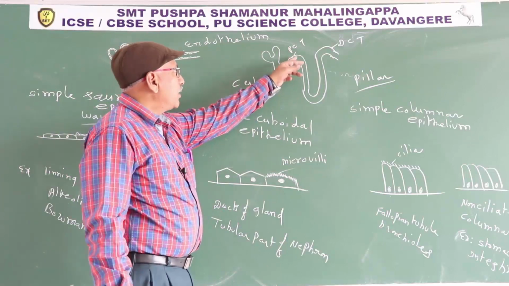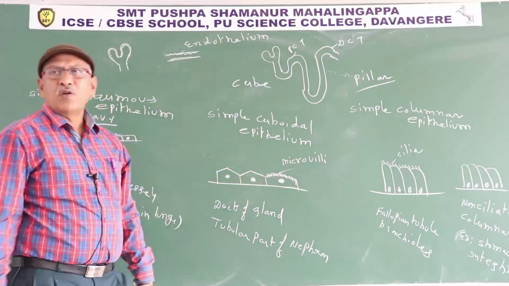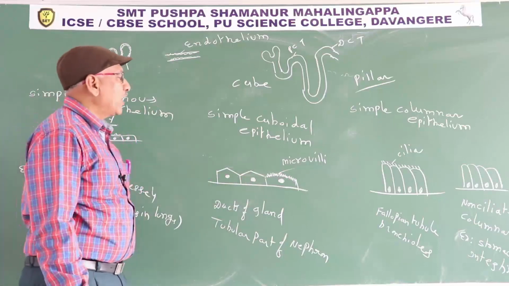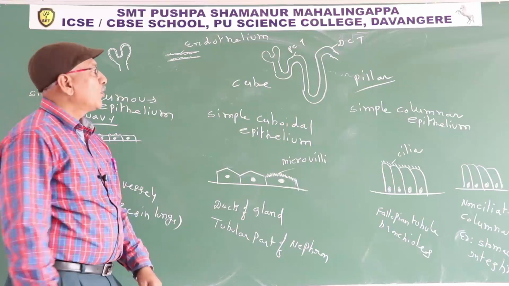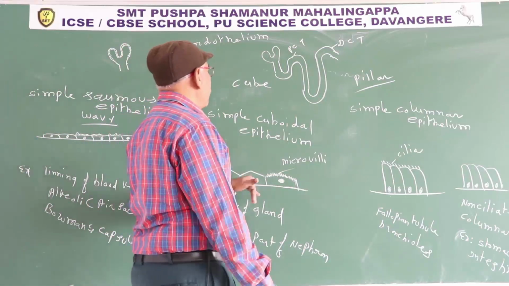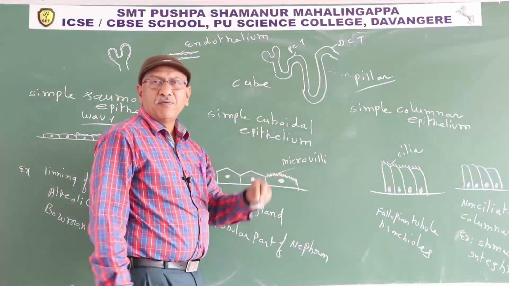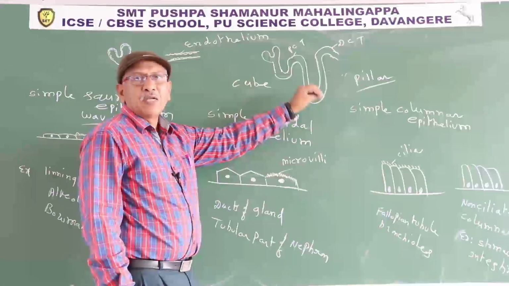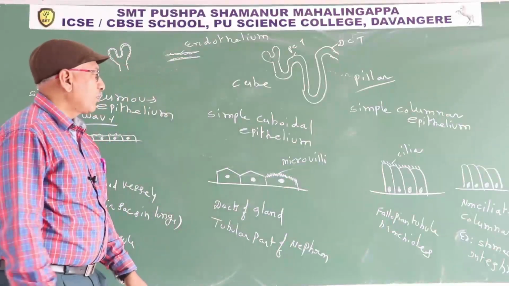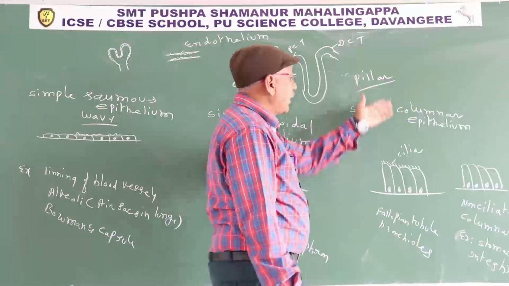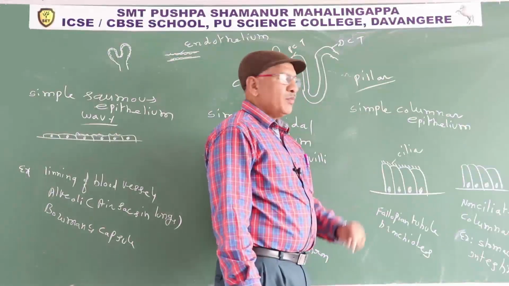The free surface of simple cuboidal epithelium of PCT contains several folds known as microvilli. Microvilli increase the surface area. The free surface of simple cuboidal epithelium of DCT, distal convoluted tubule, is without microvilli. If pillar-like cells are arranged in a single layer, known as simple columnar epithelium.